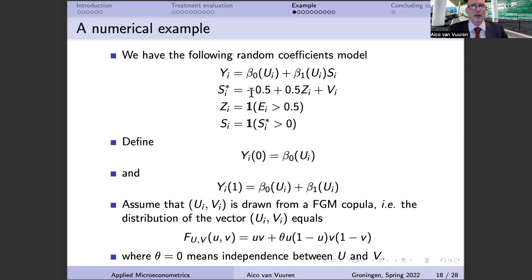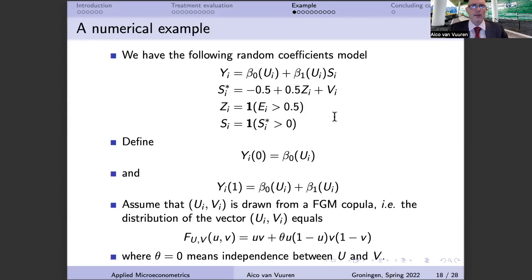That means nothing else than that if this thing is equal to 1, V could be any value larger than 0, and then S is going to be equal to 1. Since we already know that V is always larger than 0, S1 is always equal to 1. So in this case, we do not have any never takers, because you are either an always taker or a complier, and never a never taker.